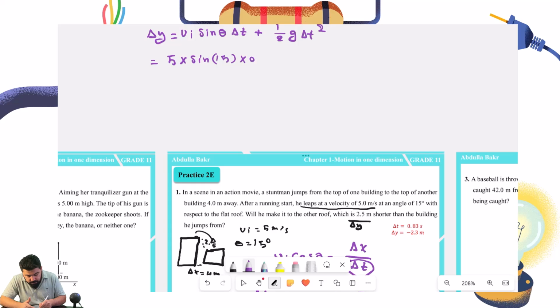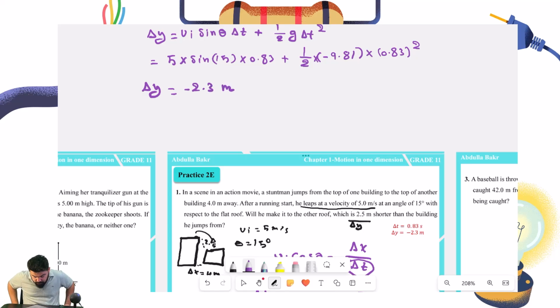I found delta t, which is 0.83, plus 1 over 2, but be careful, this is negative 9.81. Okay, so multiplied by negative 9.81, multiplied by 0.83 squared. So if you calculate this, you're gonna get negative 2.3 meters.